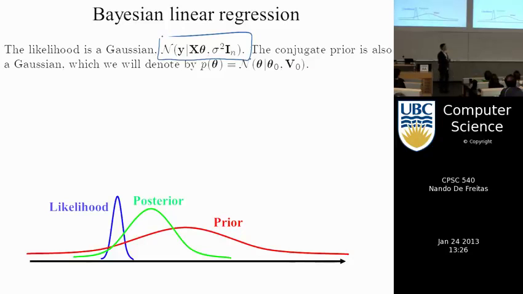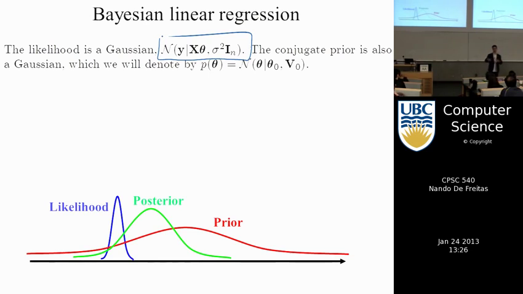Here we're going to do another thing. We're going to add a prior, p of theta. That prior is a distribution of theta. That prior is going to have a mean theta naught and a variance v naught.